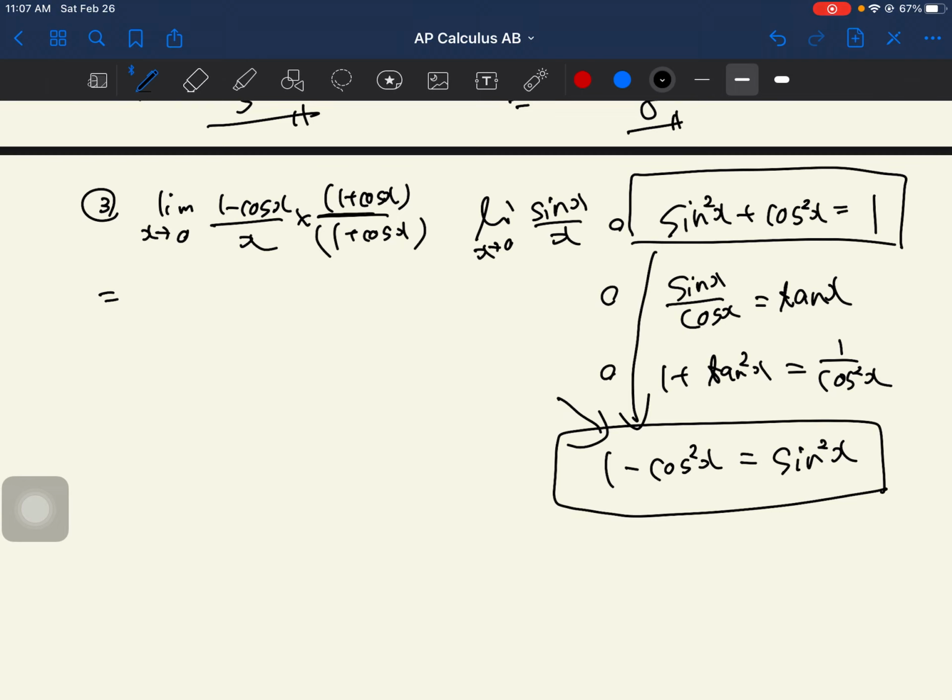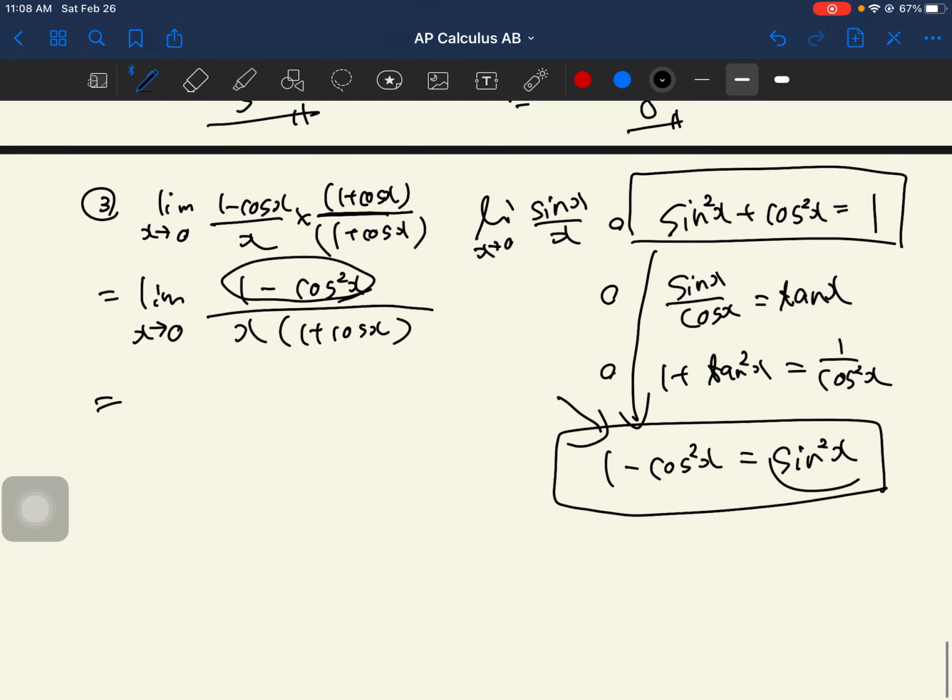Like I mentioned, you can't just simply multiply by 1 plus cosine x, but if it's both sides, top and bottom, you can just multiply it. And yeah, it's going to be x times 1 plus cosine x, and 1 minus cosine squared x. And now we can change this as this one.